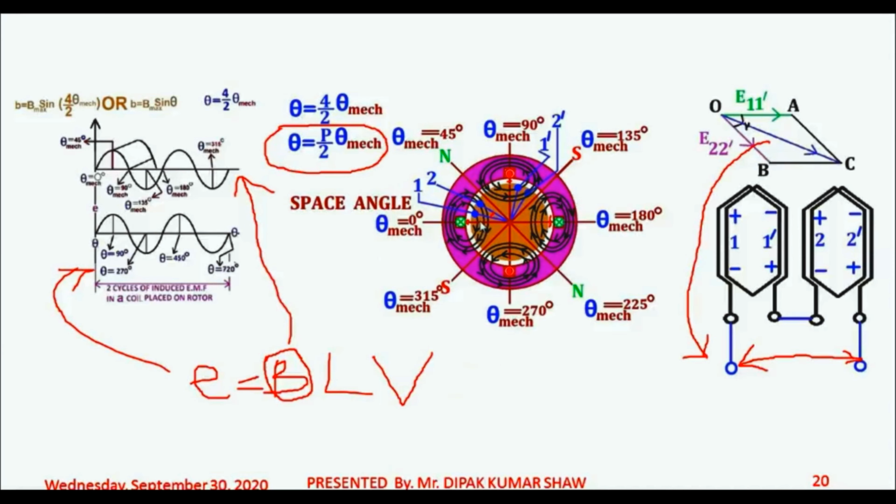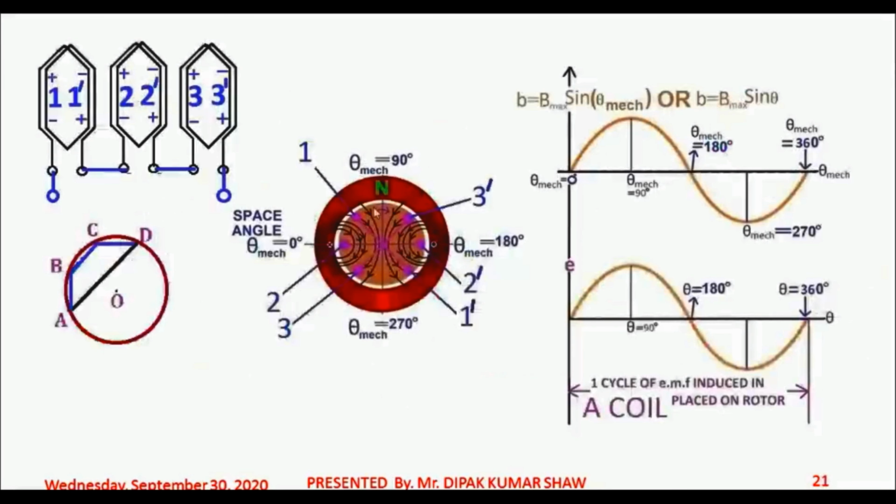So let us move to the case where you have 3 coils in series: 11 dash, 22 dash, 33 dash. In this particular case also we will find that the peaks of the induced EMF in coil 11 dash, coil 22 dash and coil 33 dash will not happen at the same time, rather they will be staggered in time.